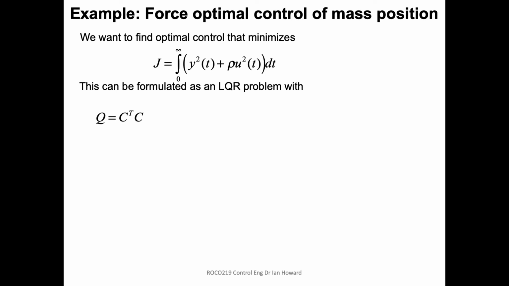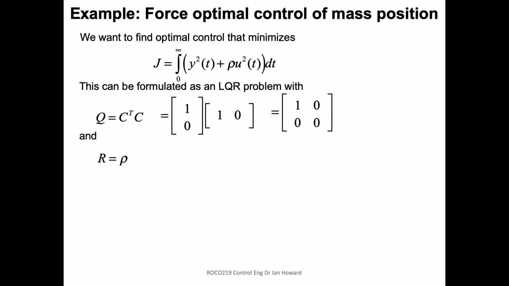That's what it is. The Q matrix in this case is going to be the output equation vector transpose multiplied by itself. So that's going to be basically 0, 1 multiplied by 1, 0, and it ends up with a 2-by-2.